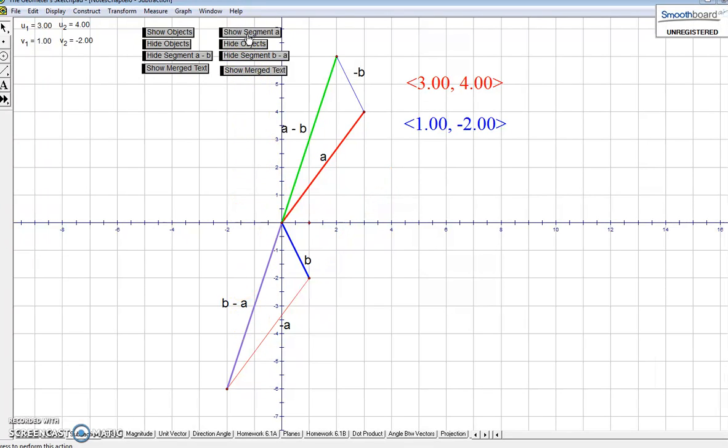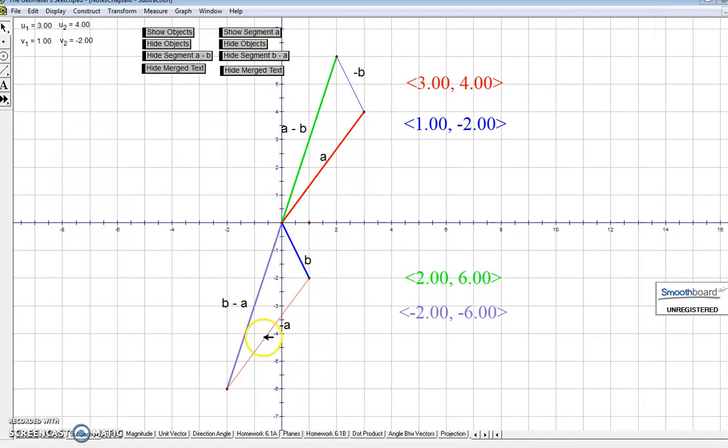So again, let me get rid of that. So b minus a, or a minus b, you can see they're still related, but they go in opposite directions. So if you want to see the numbers for green, I'd end up with 2, 6. And with purple, I end up with -2, -6. So there's still a relationship there. It's just not as big of a rule that we can make with this.